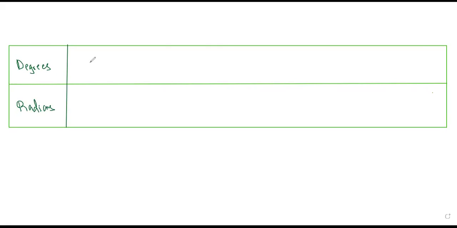So if we have 0 degrees, I will write down the angle in degrees, and meanwhile, you can find your values for radians.